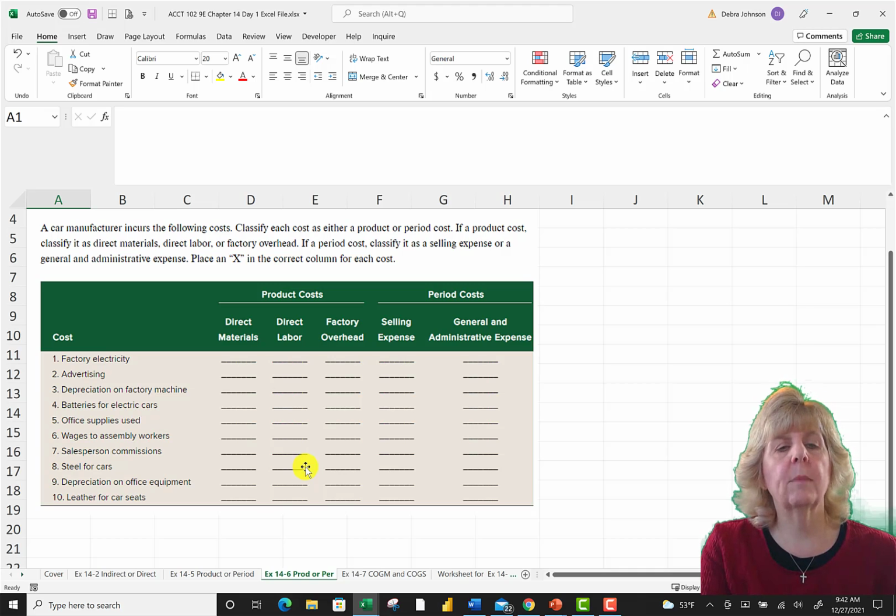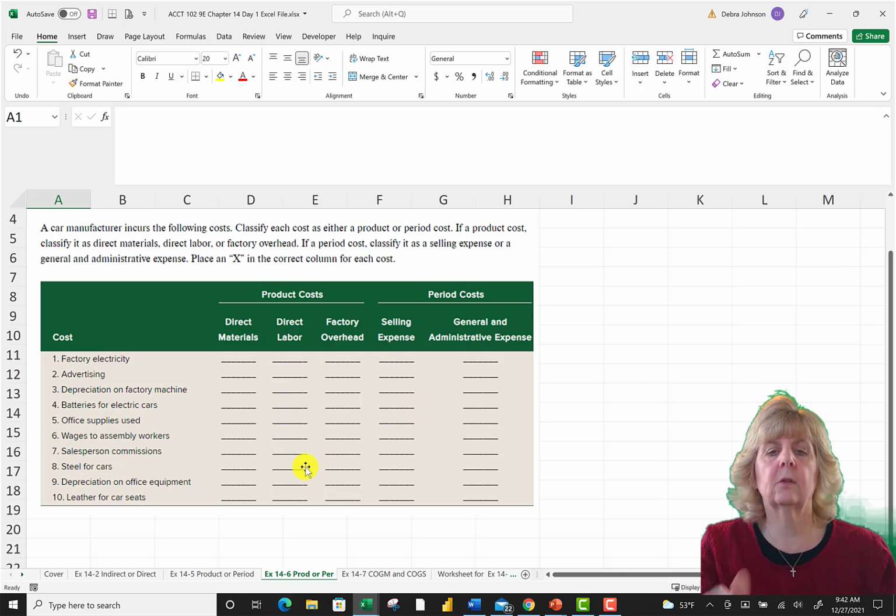It says a car manufacturer, so the cost object would be a car, incurs the following costs. Classify each cost as either a product or period cost. Okay, so once again, go back through the definition. A product cost is something related to the production of the cars. They take place in the factory.